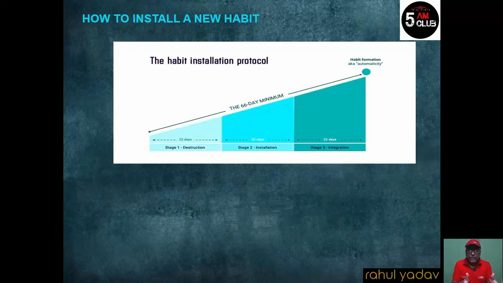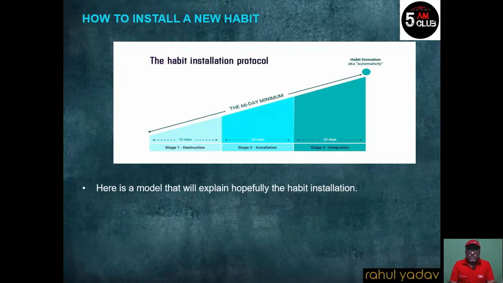Stage one is known as destruction, stage two is installation, and stage three is integration. Once you have integrated your habit, after 66 days, it reaches an automaticity point. So we'll understand what exactly it is. You can see the graph, it is increasing in an incremental way.